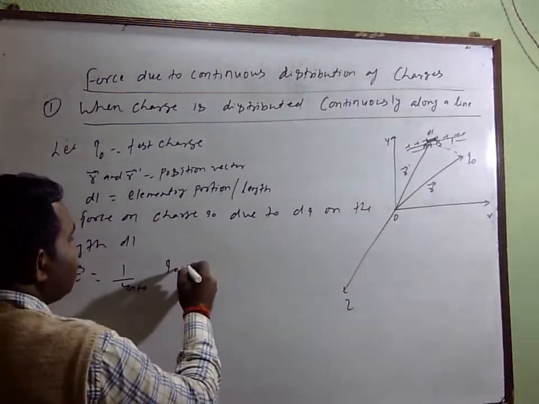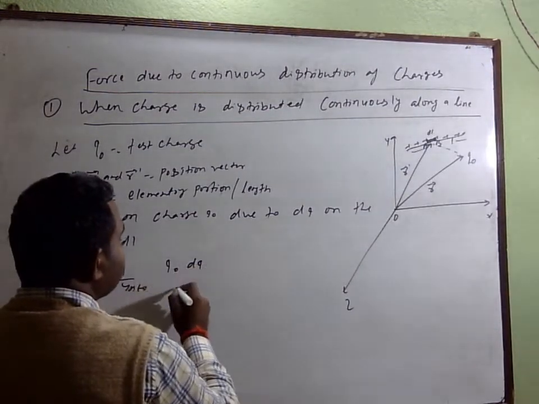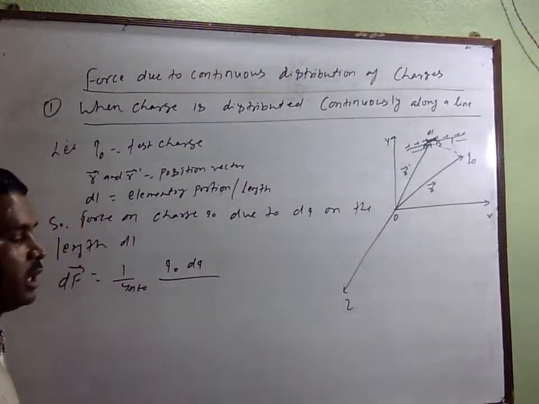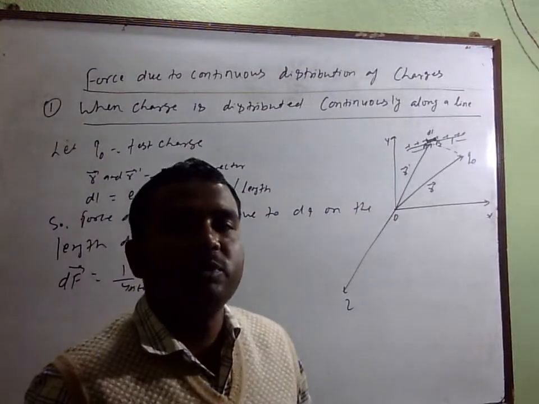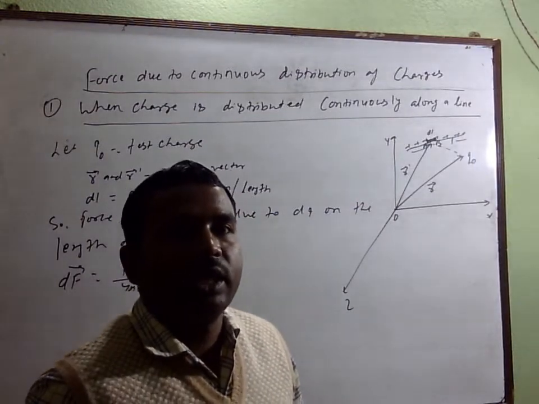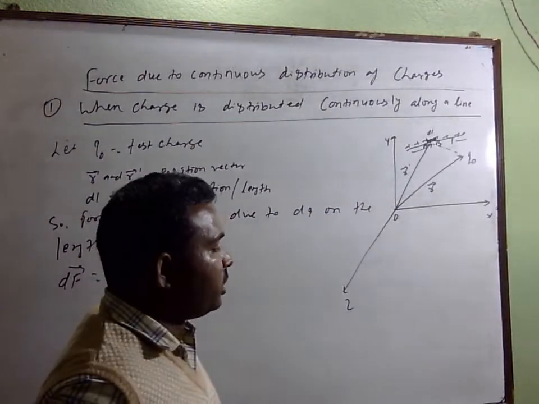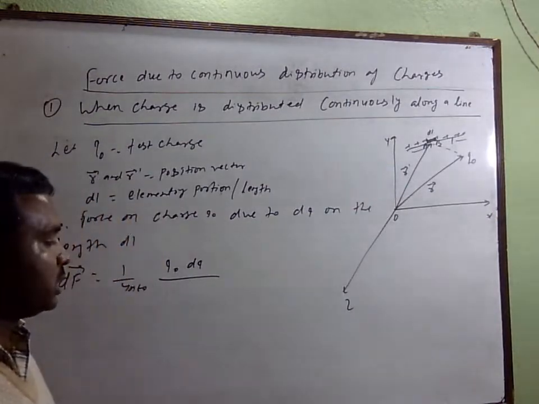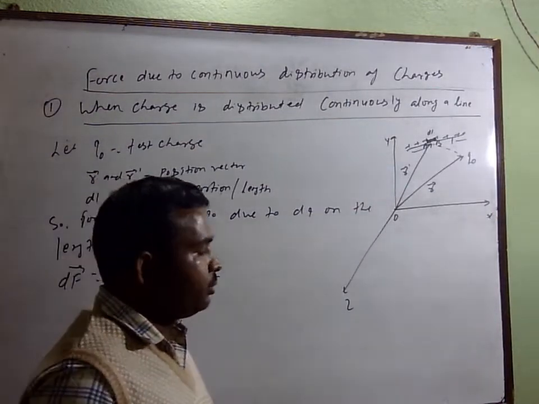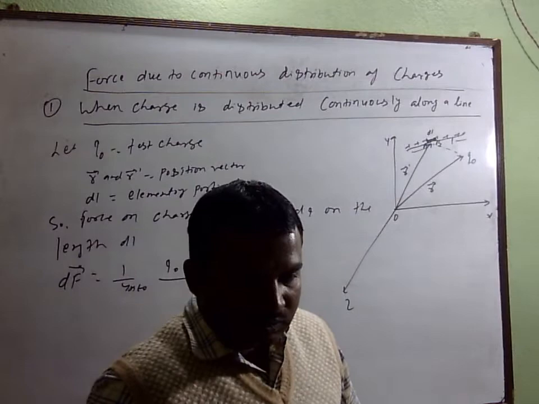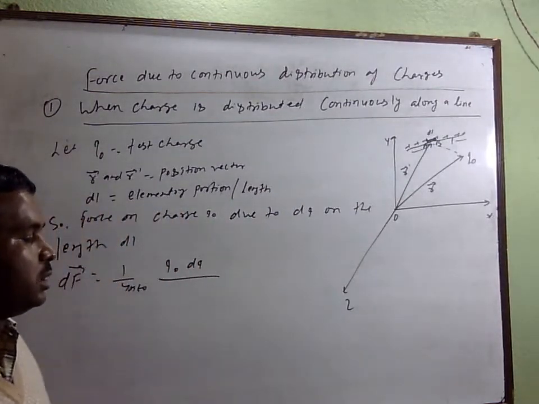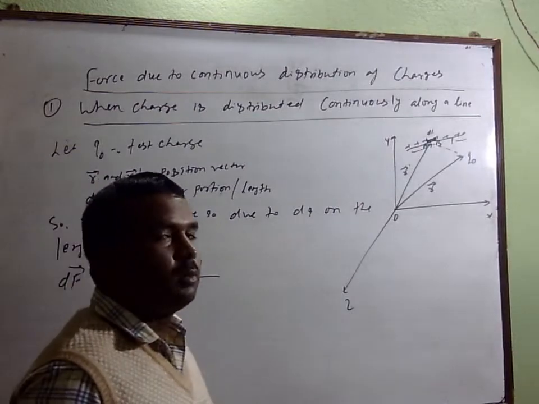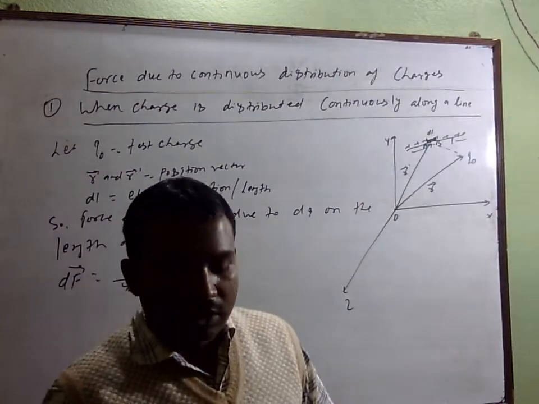Okay, no problem, you can take dq by r square. But you know that in Coulomb's law in vector form we had multiplied on the RHS in numerator and denominator, so we got the cube terms and we got the value of vector r with the help of the triangle law of addition of vectors.